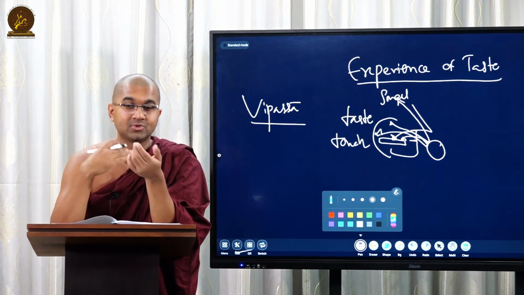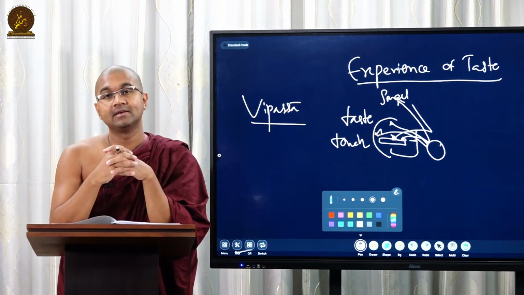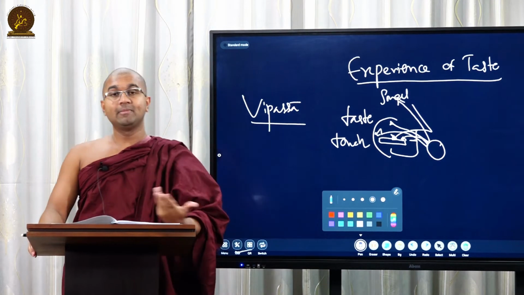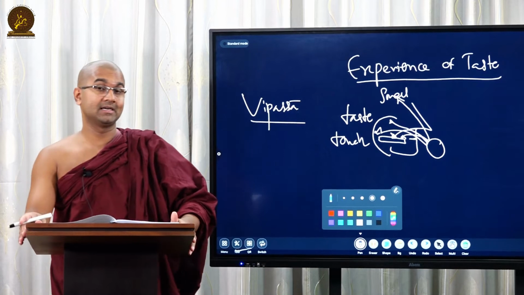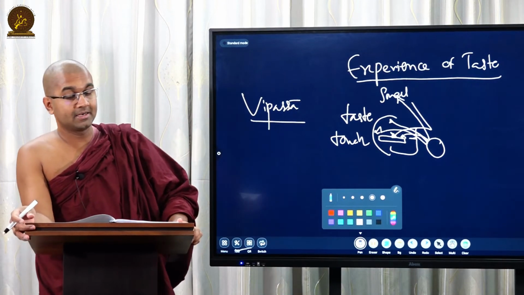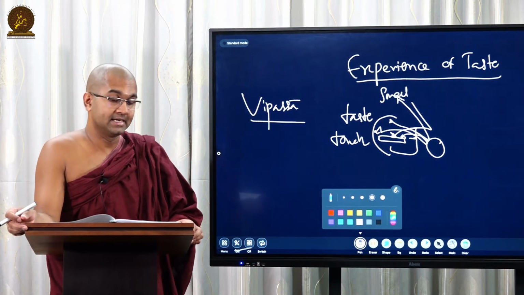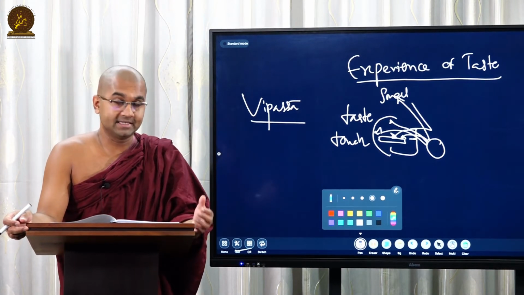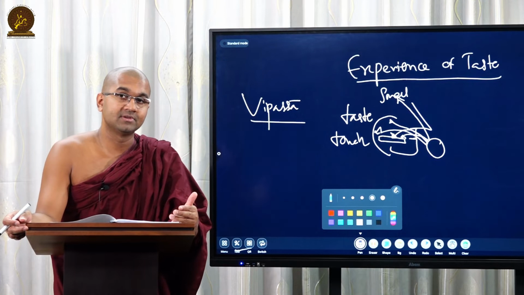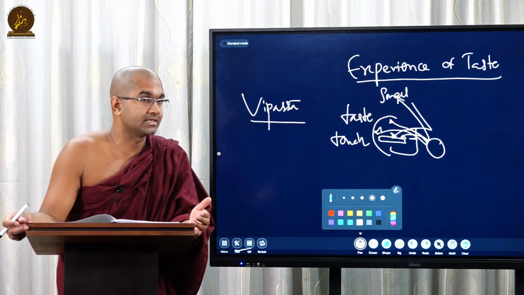The attachment is towards the outer side. Or maybe sometimes people may feel the taste of another person's body if they have an intimate relationship. But most of the time, the attachment to the taste is regarding the food in most cases.